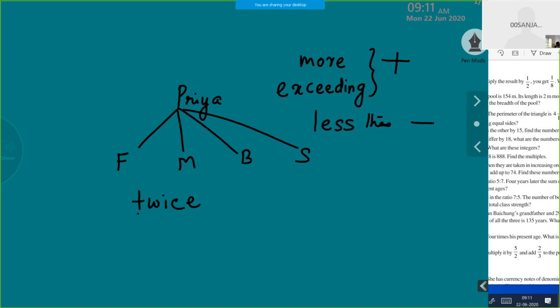So the word twice of the number. If she has got 10 chocolates, father must be having twice the number, that is multiply by 2. Twice means 2 times. 2 times means it is 2 into. So twice will be replaced by multiplication. Twice will be replaced by multiply by 2.